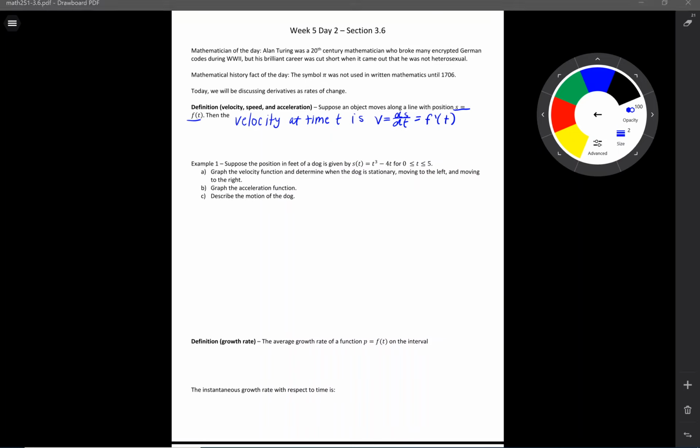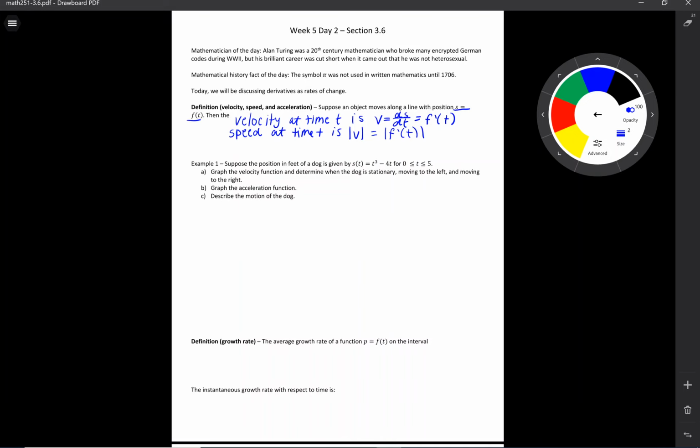The speed at time t is given by the absolute value of v. So speed is just how fast the object is moving, but it doesn't matter if it's going forwards or backwards. So this is the same thing as the absolute value of f prime of t.